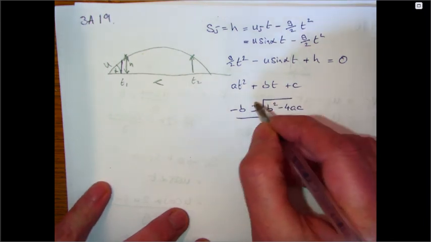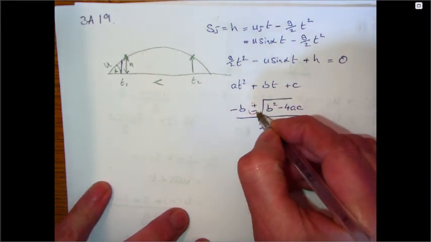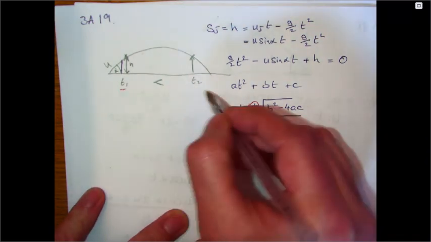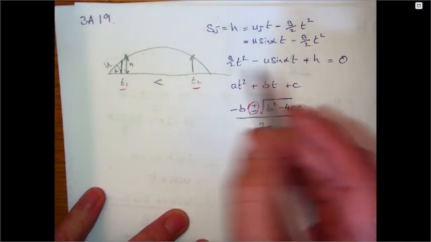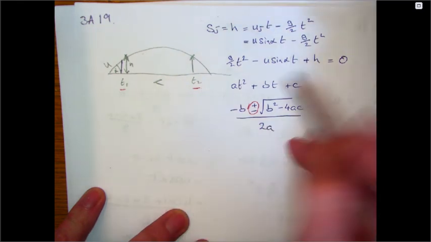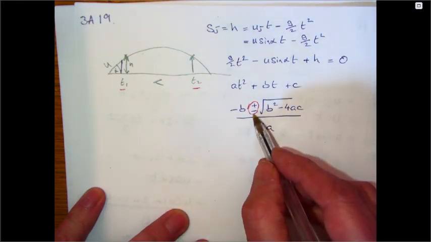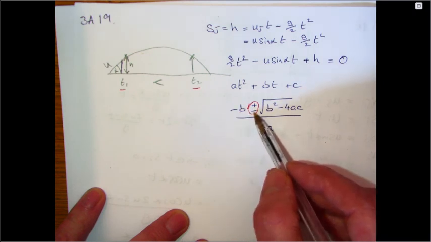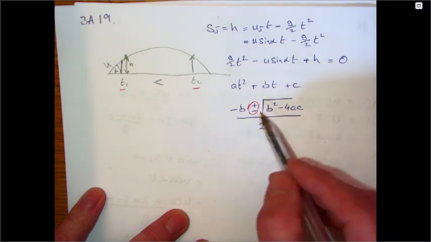The reason we get two options is because of the plus and minus. I've got two versions here, T1 and T2. T1 I said was less than T2, so which one will that be? Will it be minus b plus or minus this? You're right, it'll be the minus.